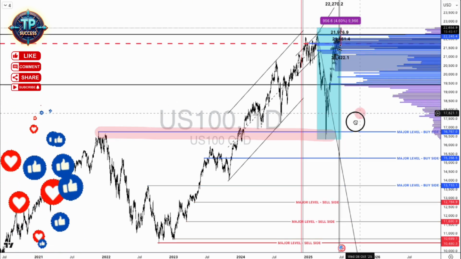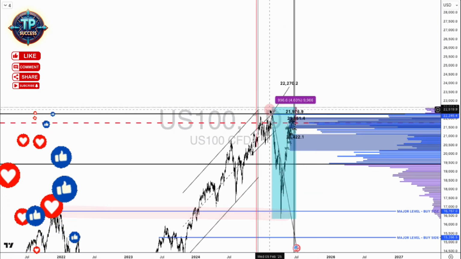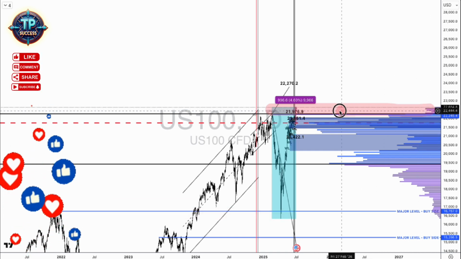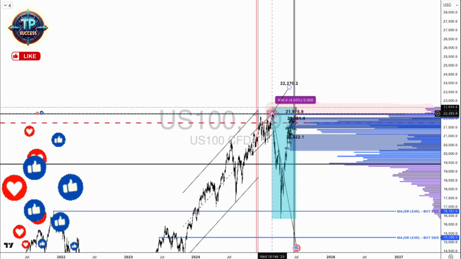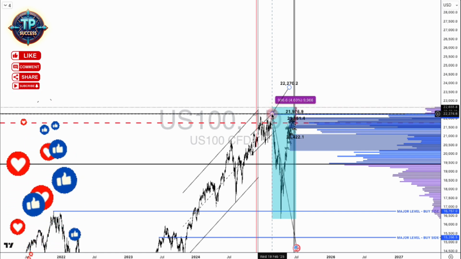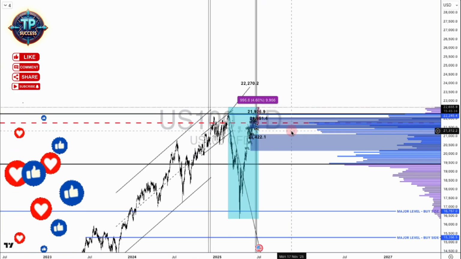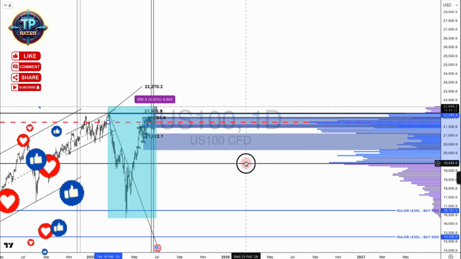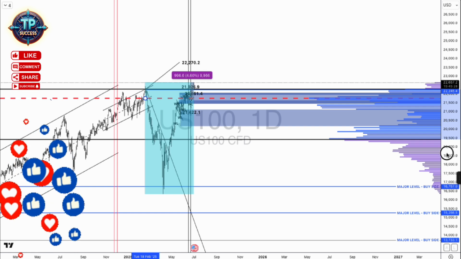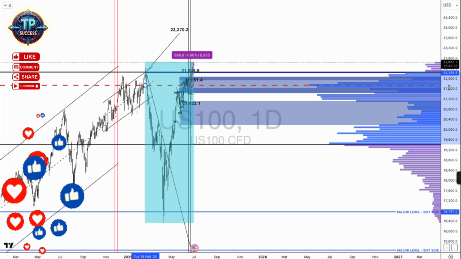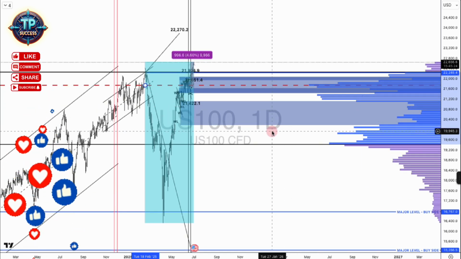Now that pullback lined up nicely with the previous all-time high. So with that said, this is the area that we absolutely need to keep an eye on moving forward, which is the previous all-time high as the price continues to surge in the upwards direction. Why? Because we may be revisiting that area again at some point in the not too distant future. Give it a couple months from now, it could definitely happen.